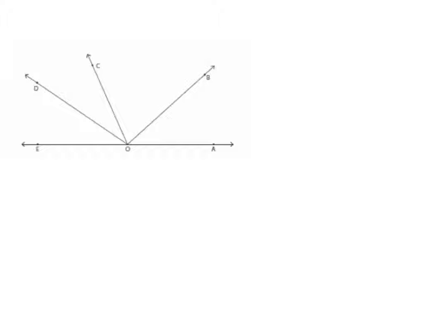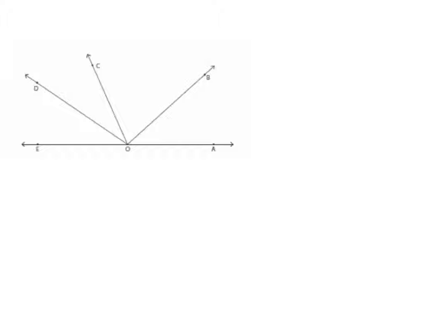In this case, I cannot name it angle O. O is the vertex, that is true, but O is also the vertex of the angles right next to it. So I cannot use angle O as a name, because O is the vertex of 1, 2, 3, 4, 5, 6, 7 angles. So that's not a good name.